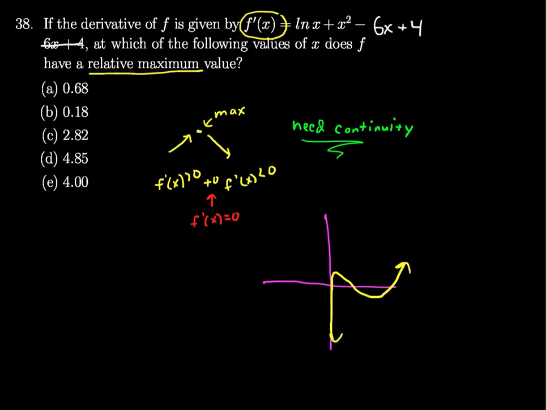What I know is I have a few critical points, and they all will become relative extrema in my original function. But, and this is the important part, for this critical point, I start with a negative derivative, then go to a positive derivative. This means that I start sloping down and then slope up. That's a minimum, not a maximum.